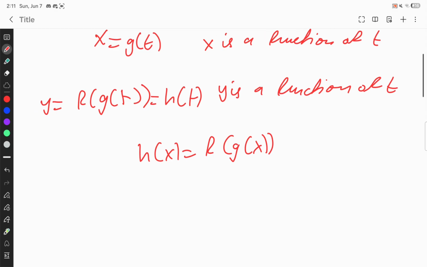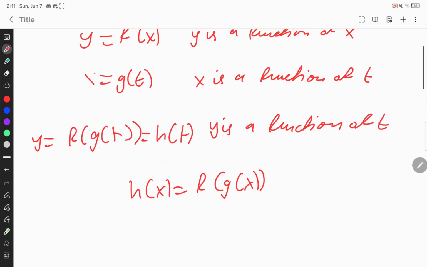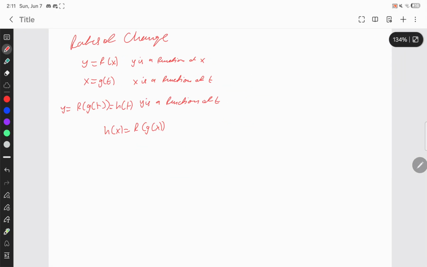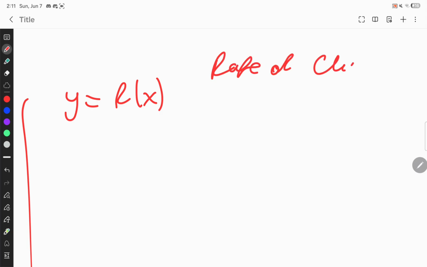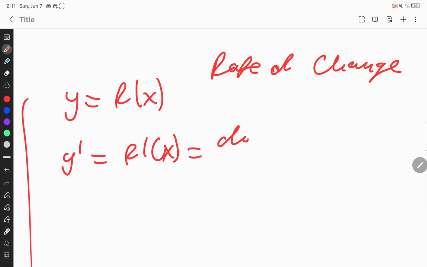Now, we know all this good stuff. And what else do you know? Derivatives, my favorite. Say y is equal to f of x. What is the derivative? The derivative is the rate of change. y prime is equal to f prime of x is equal to dy over dx.